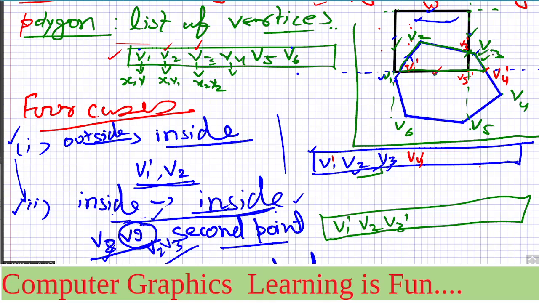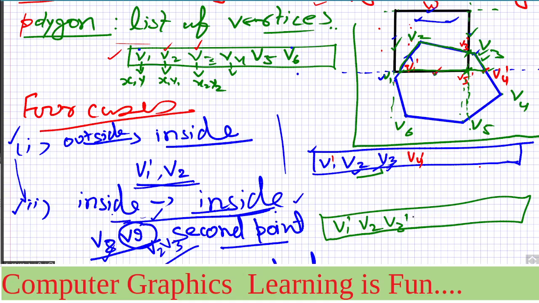You will leave these two. Then the next line is V4 dash, V1. So V1 is inside the boundary, V1 dash is inside the boundary. However, V4 dash is outside the boundary. Which boundary? This boundary. So you will find the intersection point. Let us suppose this point is V5 dash.